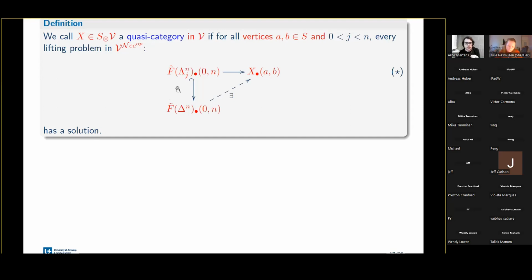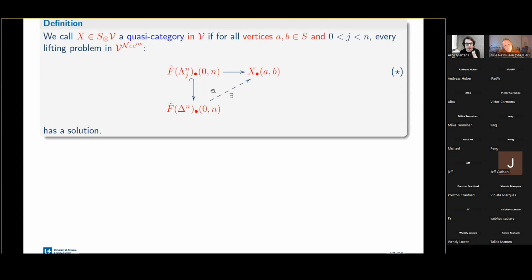Now, this is a lifting problem not in simplicial sets, not in templicial objects, but in this functor category, because it's there where we can represent simplices by maps. Okay, let me explain a bit what's going on here. So X_{a,b}, that's the construction I showed on the previous slide, this way of taking a templicial object and turning it into such a functor.